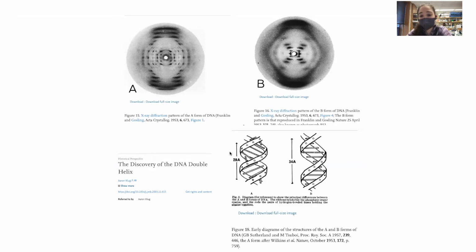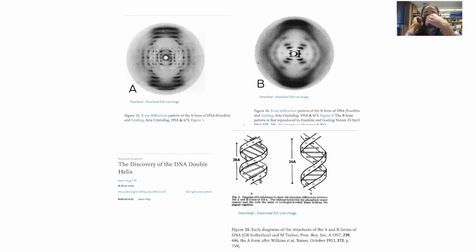Part of the key to getting this double helix, this strong structure, was that they were able to figure out a way to get the DNA to diffract in the fiber form. They had to try to get the optimal amount of wetness.